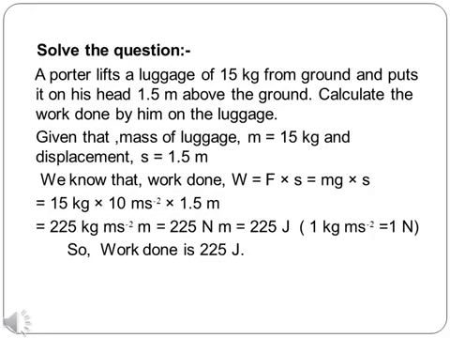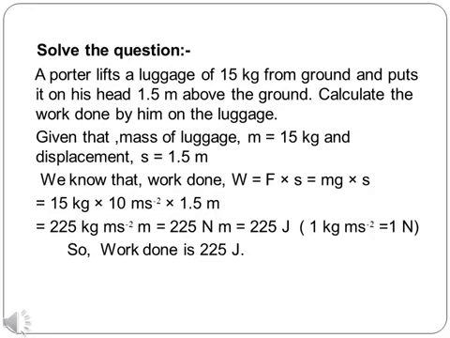By putting the values of m, g and s, we get 15 kg into 10 meter per second square into 1.5 meter, which is equal to 225 kilogram meter per second square into meter, which is equal to 225 Newton meter.